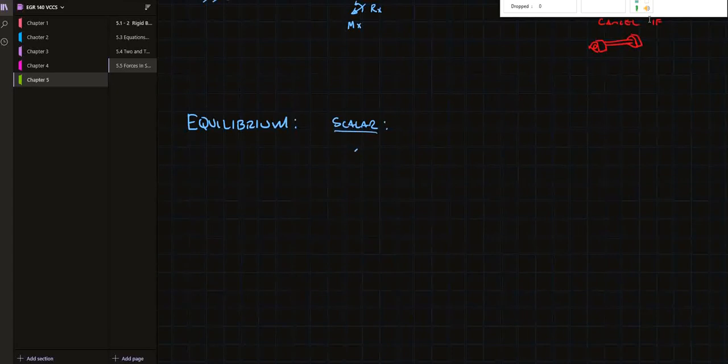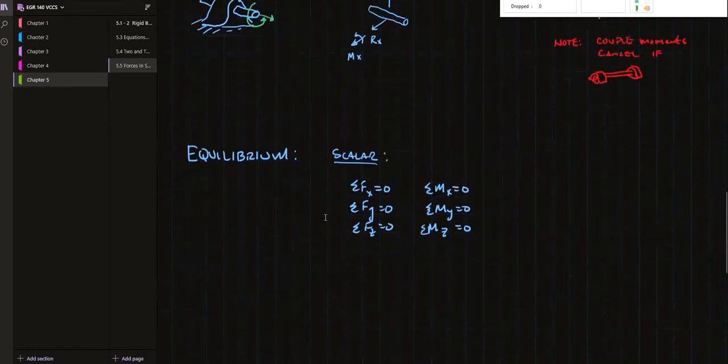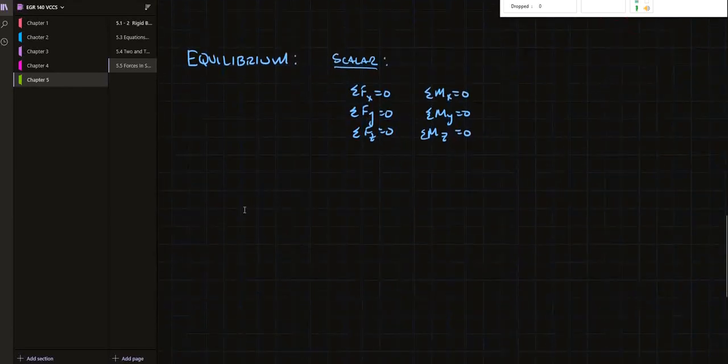We still can solve the problems scalarly in the same fashion. Summation of Fx equals 0, summation of Fy equals 0, summation of Fz equals 0, summation of moments about x equals 0, summation of moments about y equals 0, summation of moments about z equals 0. So long as these are all independent equations, you'll have 6 equations, and you can solve up to the 6 unknowns of the fully pinned situation, the fixed situation.